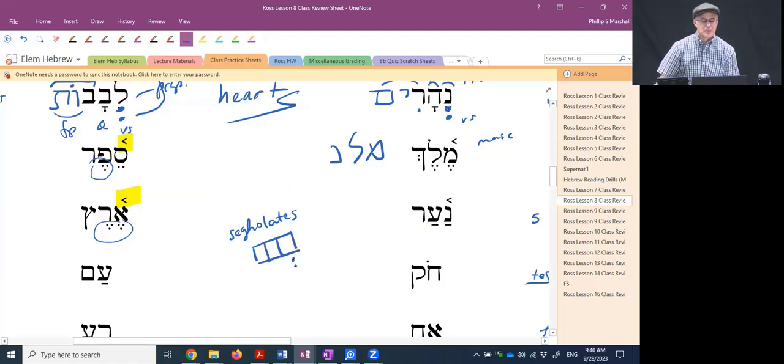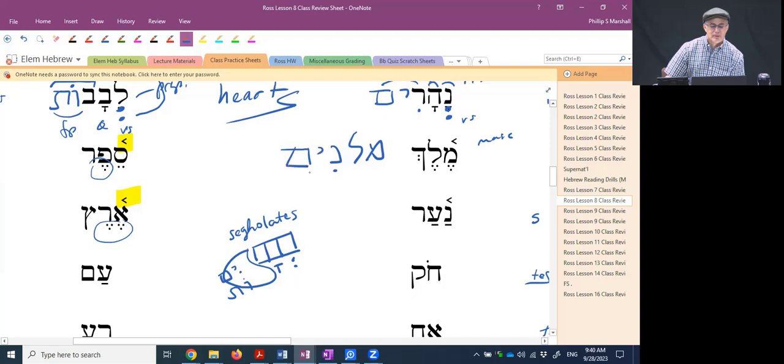And then my pattern wants root 1 gets vocal shva, root 2 gets qamets, and then root 3 takes either im or ot, depending on whether the noun is masculine or feminine. Okay, so melech is going to take im. So I'm going to add im to the kaf.